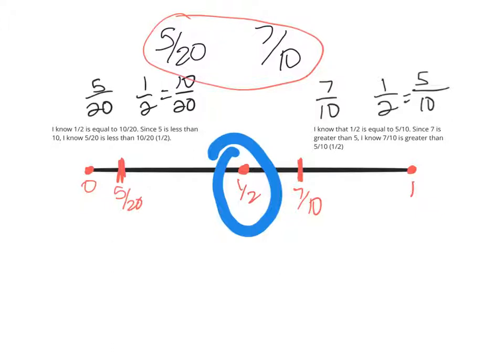Now, okay, I told a little fib here. I'm going to do one more because you're bound to come up with these. So I'm going to erase this. I'm going to draw another number line here. Now what happens when I give you fractions that are both below or both above 1/2?